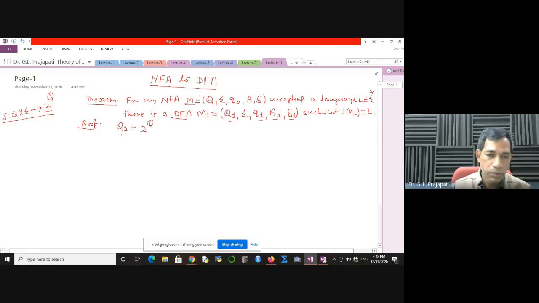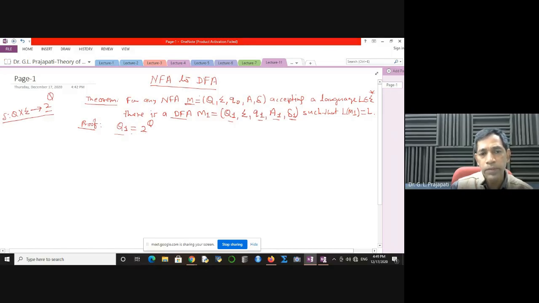Q1 is the set of states in the DFA, and the possible states are 2^Q, meaning all possible subsets of Q. Once you convert, your machine transits from one subset to another subset. This is the maximum possible number of states in the DFA.